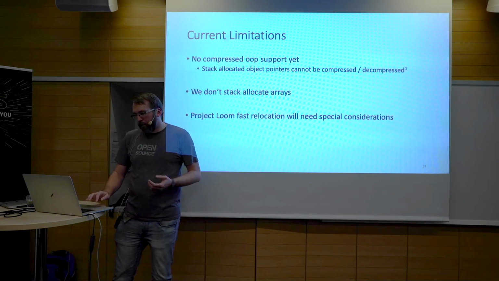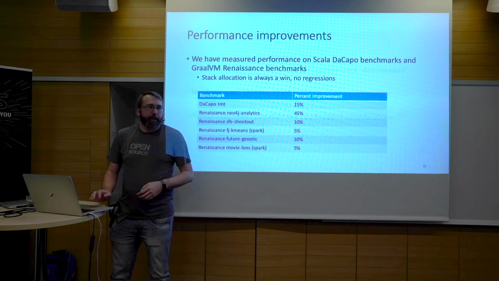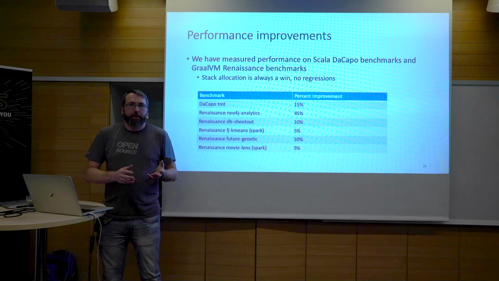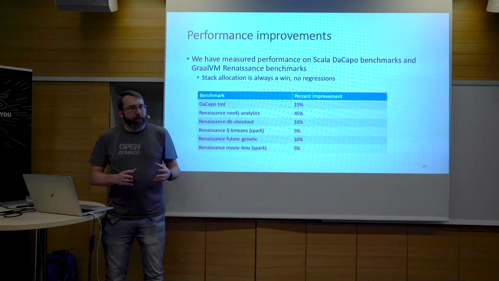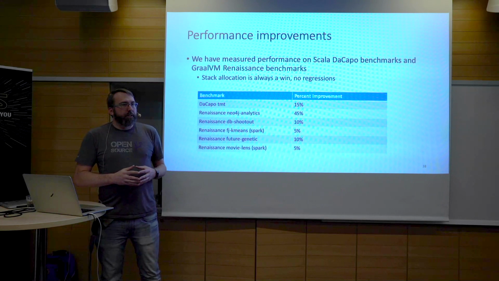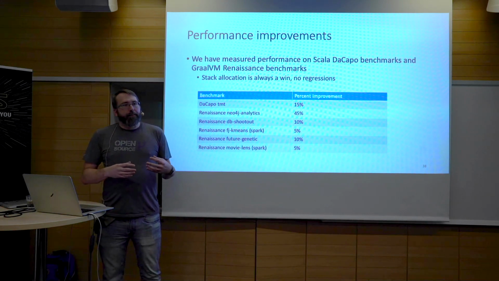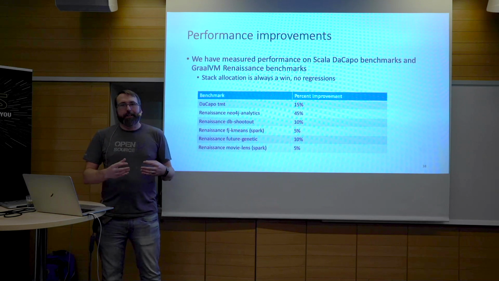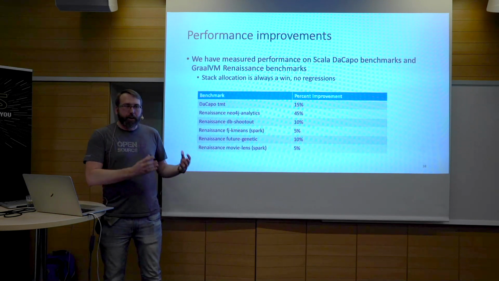So we have this working prototype. How does it perform? On a bunch of the Scala workloads that we've measured it on so far, we're seeing improvements. At this point, because we haven't done some of the more complicated work that might require write barriers, we haven't seen anywhere that it's a cost yet.